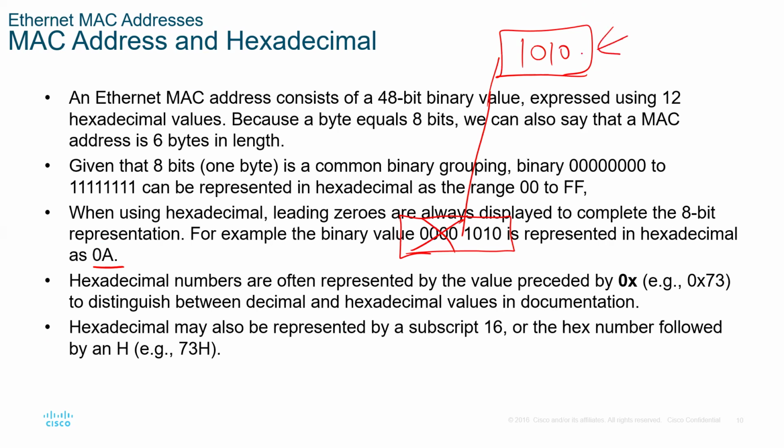And if I want to convert this to decimal, it's 8 plus 4 plus 2. This is 10. And if I want to convert this to decimal, it still remains 10. No problem, so I can ignore these zeros. It's not the same thing with hexadecimal values. You don't have to ignore those values. So that's why we still have our 0 there. So the leading zeros are always displayed. They need to be displayed in hexadecimal.